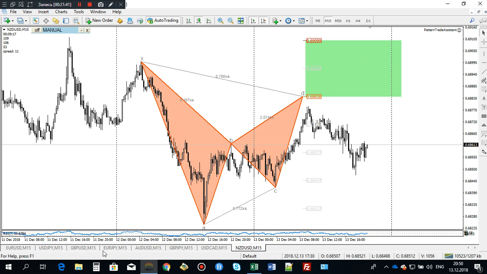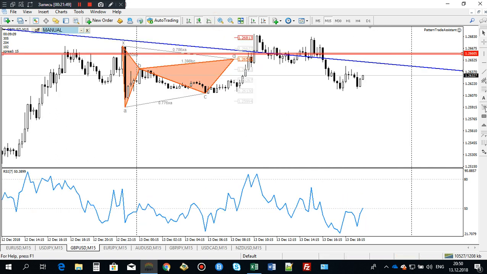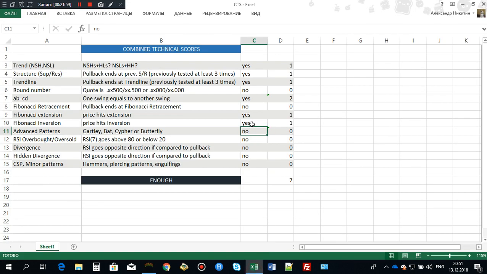But in this situation it was different. Price exceeded the zone between invalidation and completion, like this. You see? Okay, so after that we had a pattern. I type yes.